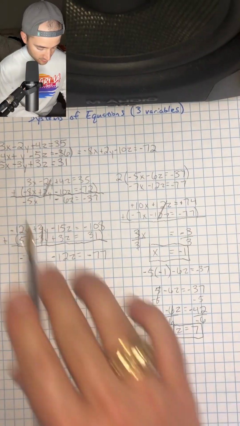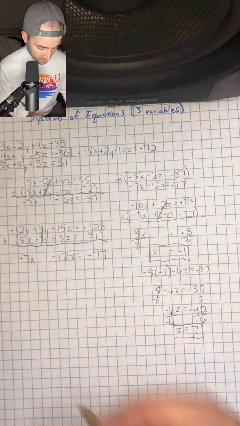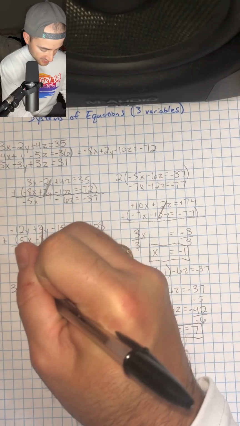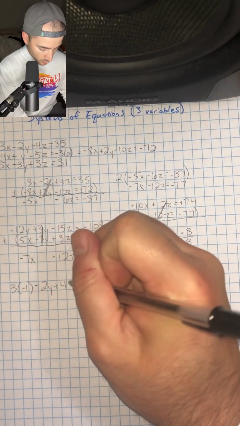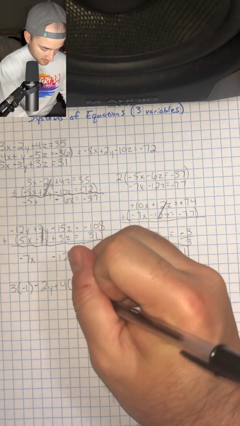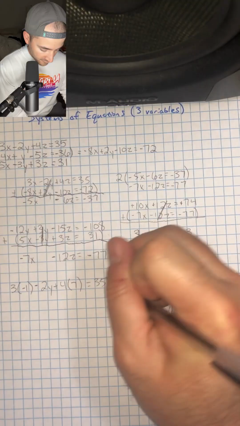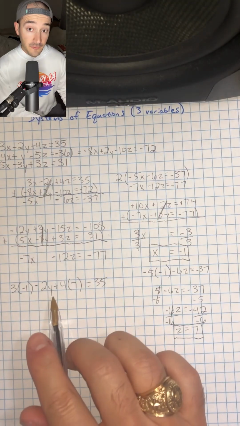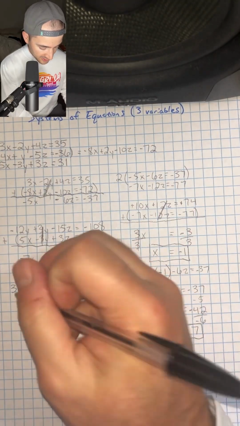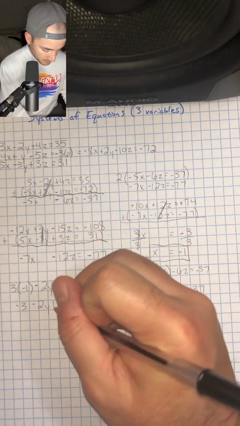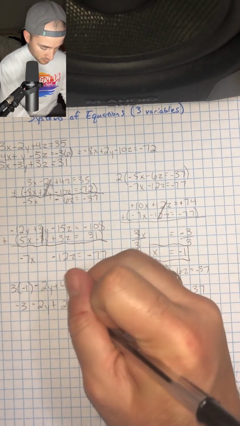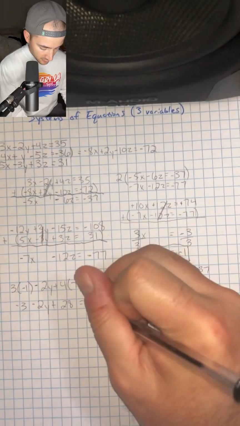Okay, so 3x, x is negative 1, so 3 times negative 1 minus 2y, so we don't know what y is yet, plus 4z, z is 7, equals 35. Now we can solve for y. So 3 times negative 1 is negative 3 minus 2y plus 4 times 7 is 28 equals 35.